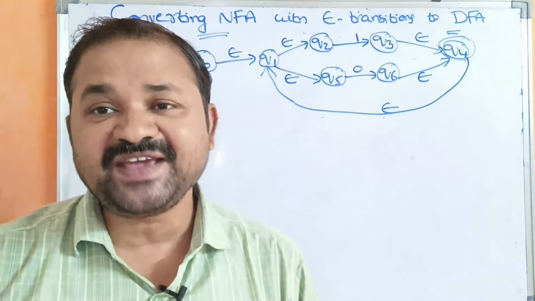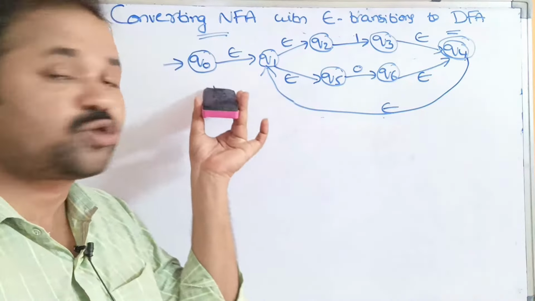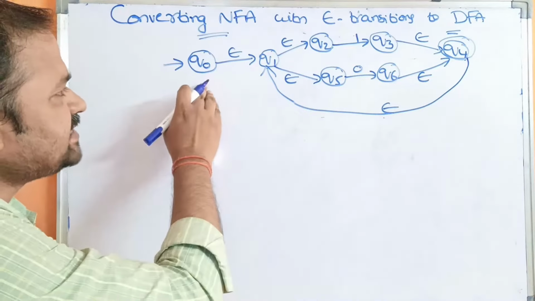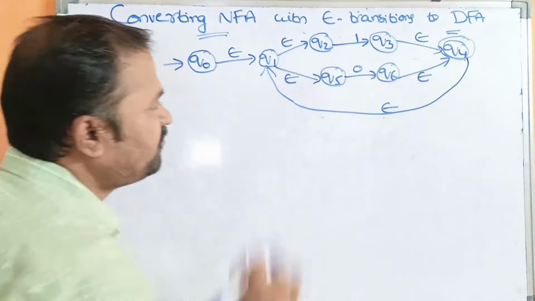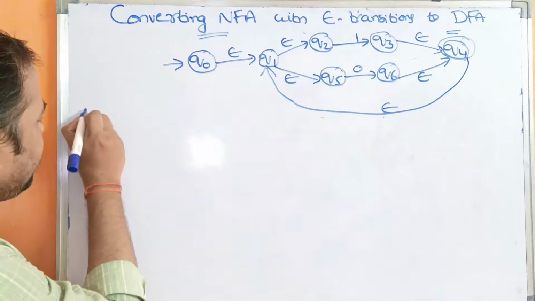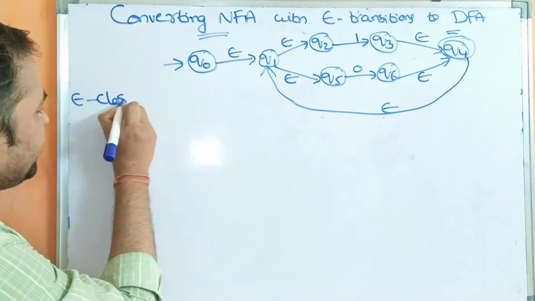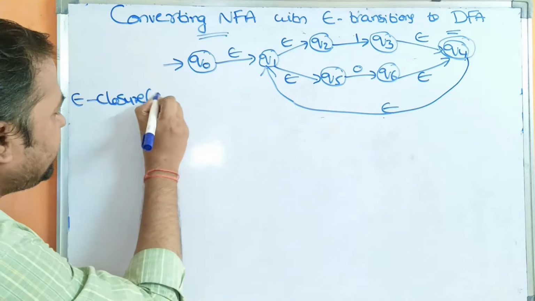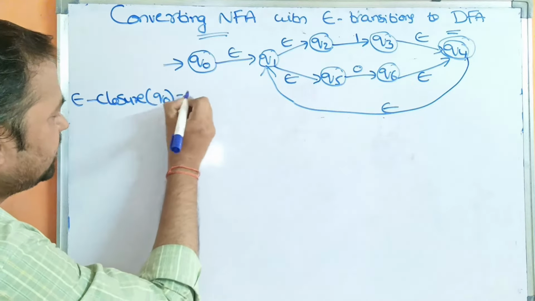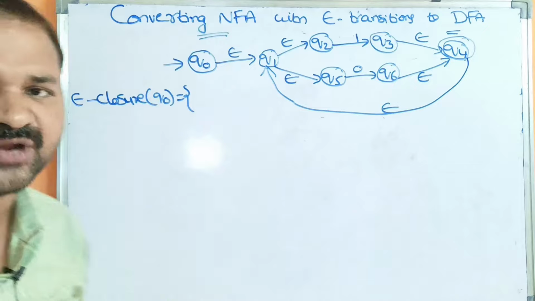First, we have to calculate the epsilon closure of the initial state. In this example, the initial state is Q0 and the final state is Q4. So calculate the epsilon closure of Q0.